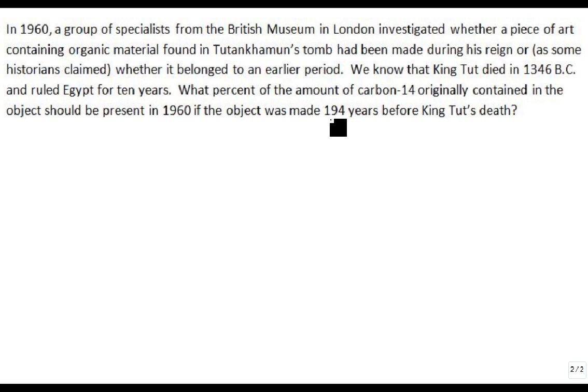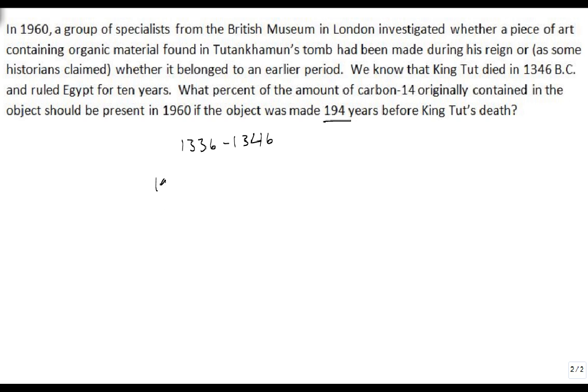So here's what we know. King Tut ruled from 1346 and he died then. He ruled for 10 years, so he ruled from 1336 to 1346. But we're worried about 194 years before that.